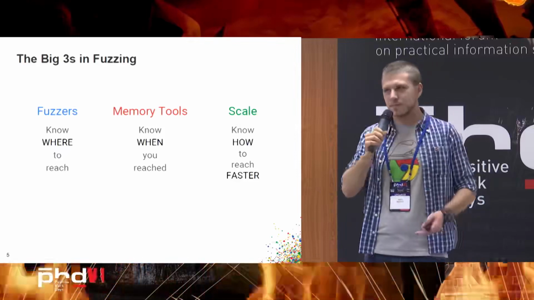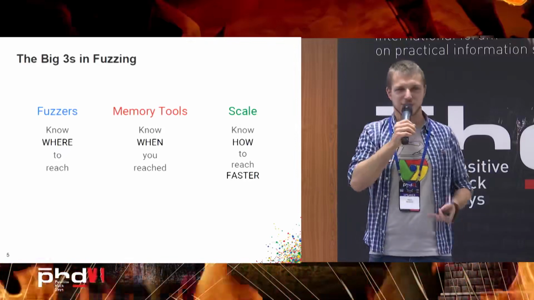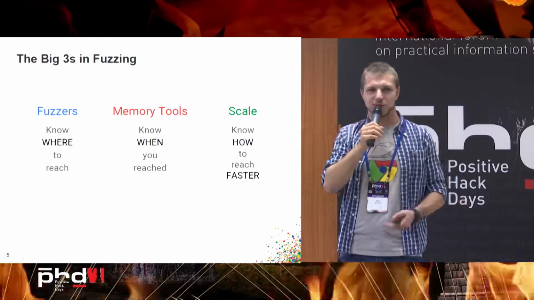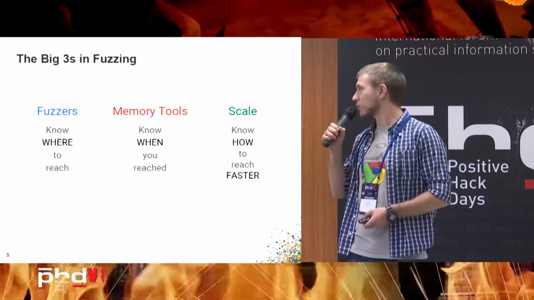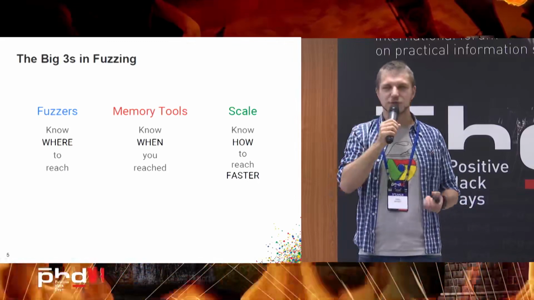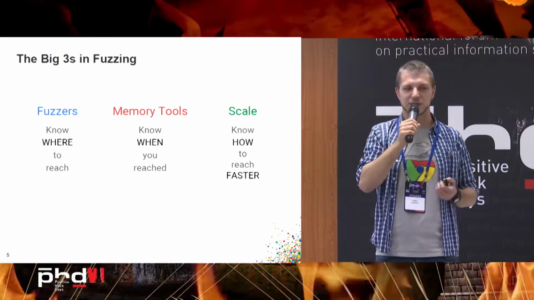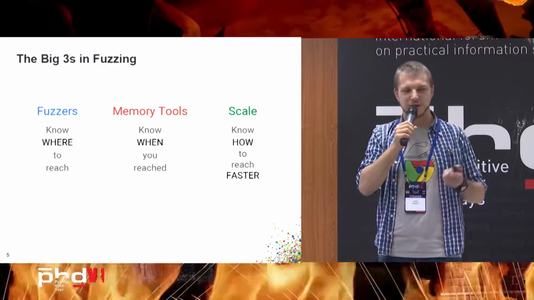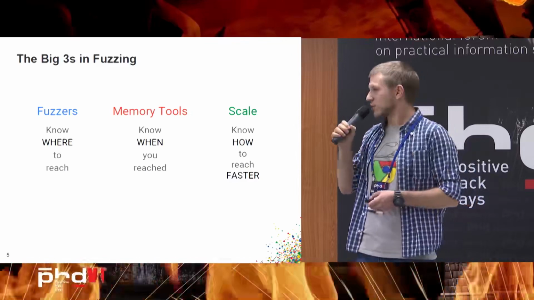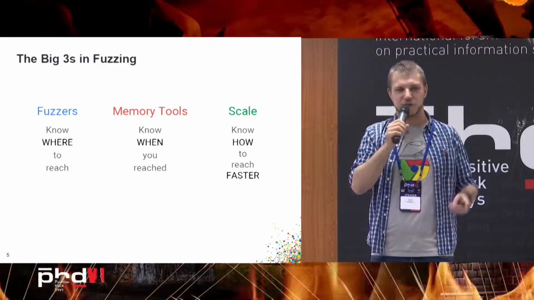The big three in fuzzing include the fuzzers themselves. So these are the things that help you find new bugs and new vulnerabilities. Next you have memory tools. And finally, scale.